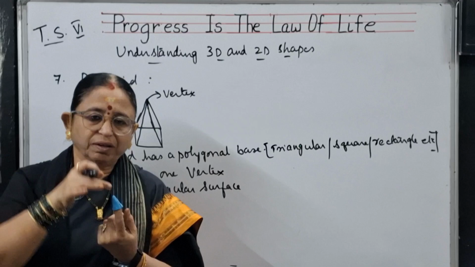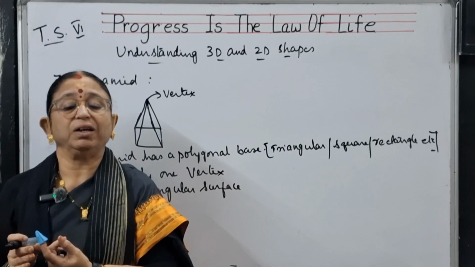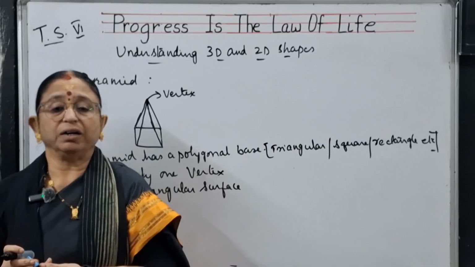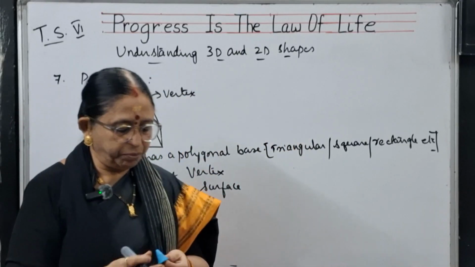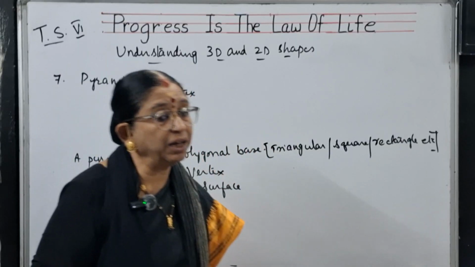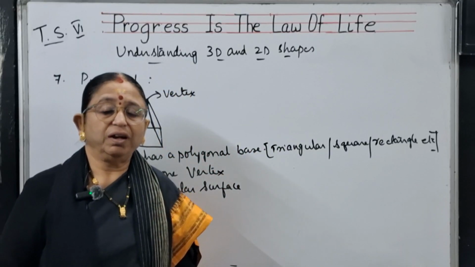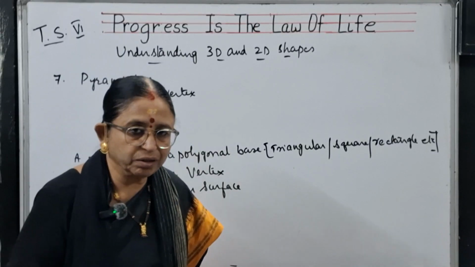With that, all the vertices of the sides are joined, then definitely a pyramid will have triangular surfaces. How many triangular surfaces it has, we cannot count.